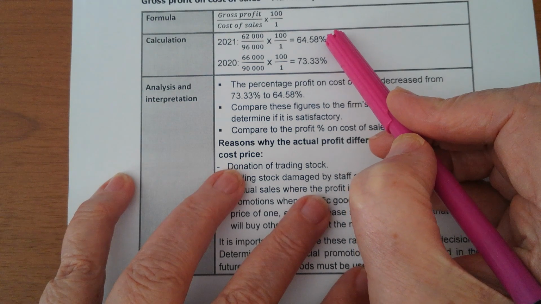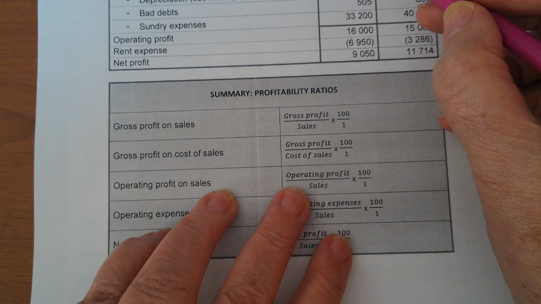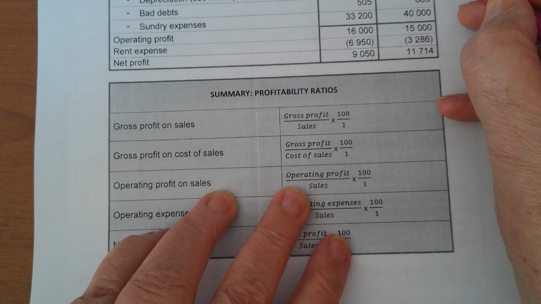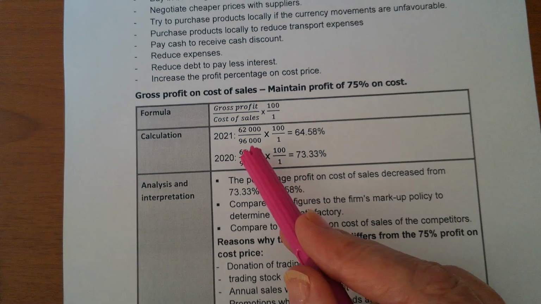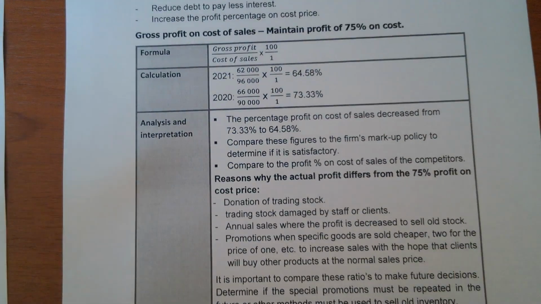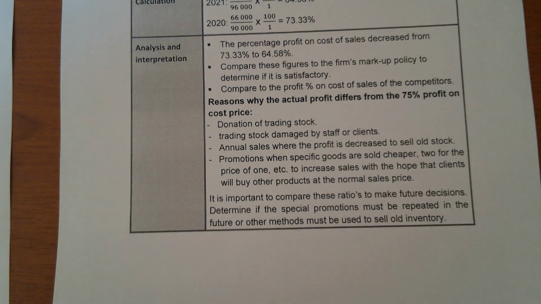If I look in 2020, the gross profit was 66,000 and the cost of sales was 90,000. So there I will take the 66 divided by the 90,000 and it gives me 73.33. Now, in the majority of cases, they will not only ask you to do the calculation.